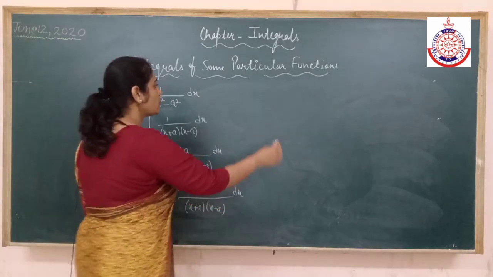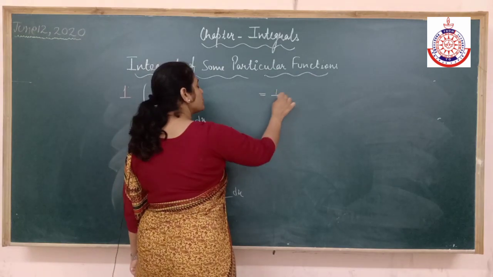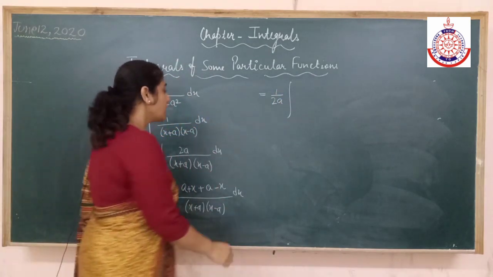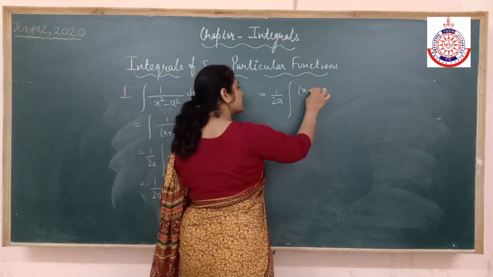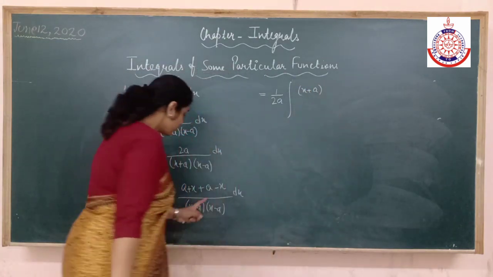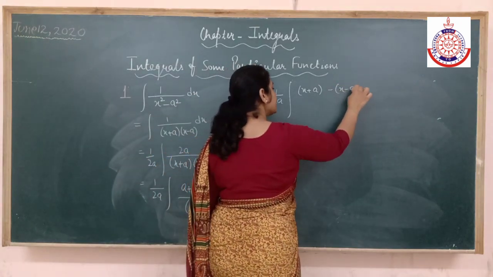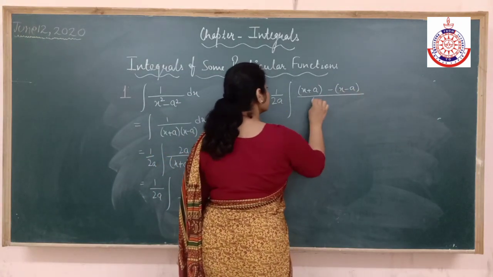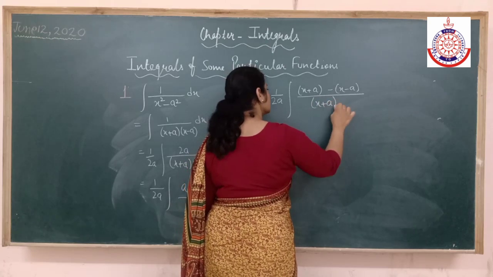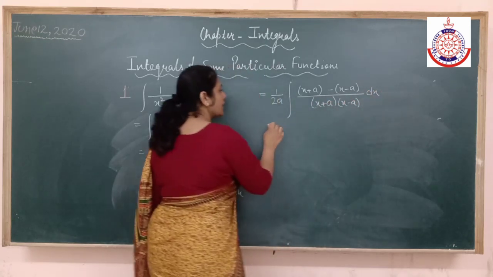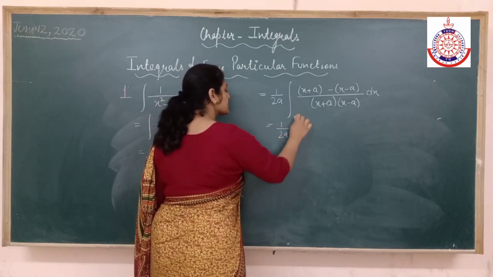Alright, so now I have to make exactly the same type of thing which is there in the denominator. So one pair is x plus a. From these two I am taking minus common because I want x minus a. Alright, now can I split?